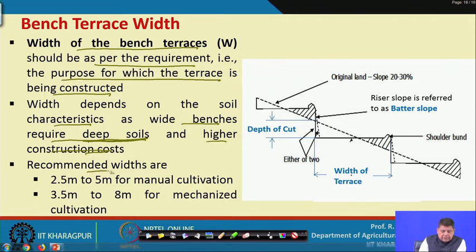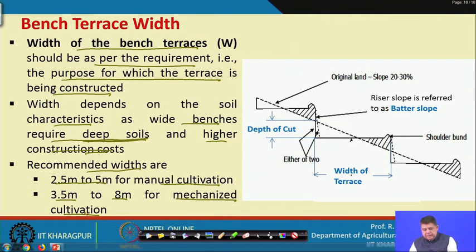So, typically recommended widths are 2.5 meters to 5 meters for manual cultivation and 3.5 meters to 8 meters for mechanized cultivation. So, if it is purely manual cultivation, then it could be 2.5 to 5 meters, but if it is mechanized, then it has to be wider, that is 3.5 meters to 8 meters.